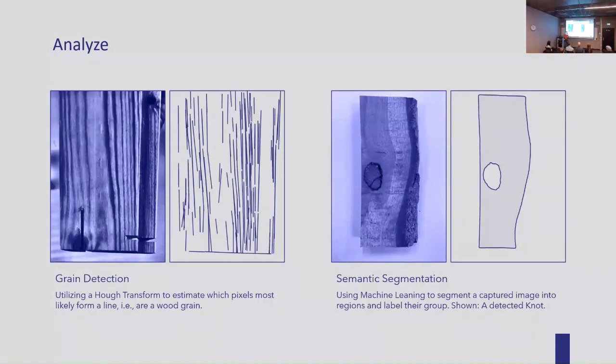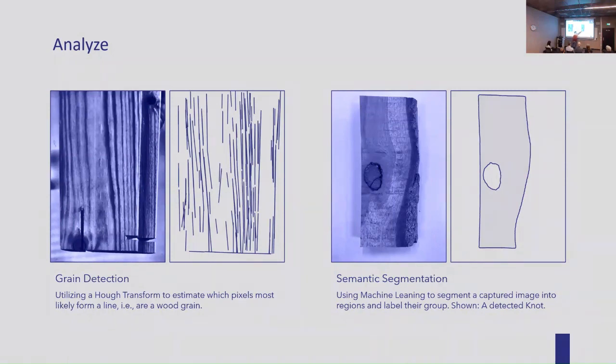For now, we look more into wooden objects and see what we can do there. For example, in the wood, we can do things right now, like detecting where the grain runs. That's just a trial on how computer vision algorithms work in this area. But then also with machine learning, we can do a complete semantic segmentation of objects.